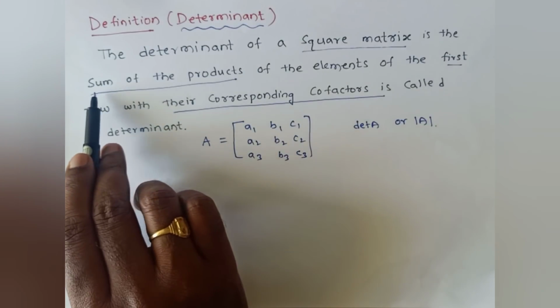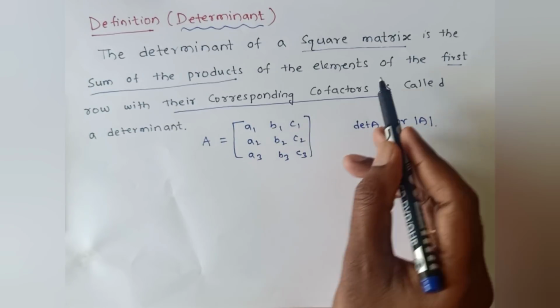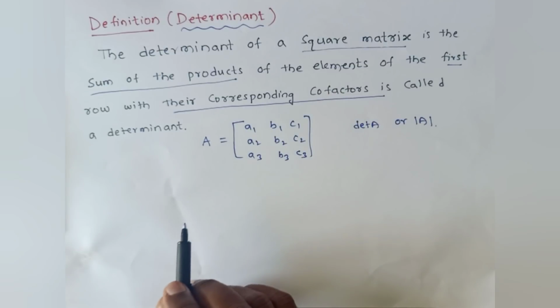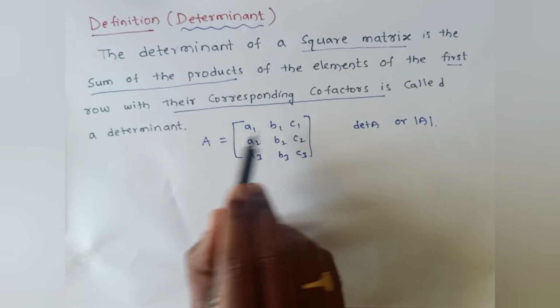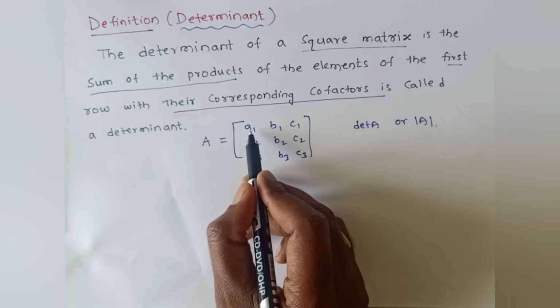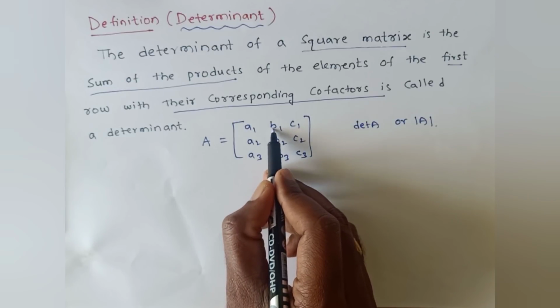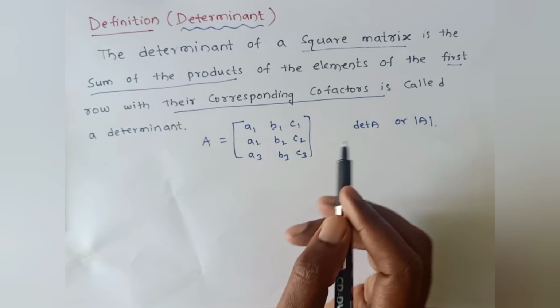So the definition says the sum of the products of the elements in the first row with their corresponding cofactors. To evaluate the determinant of this matrix along the first row, you write it as a1 into cofactor of a1 plus b1 into cofactor of b1 plus c1 into cofactor of c1.